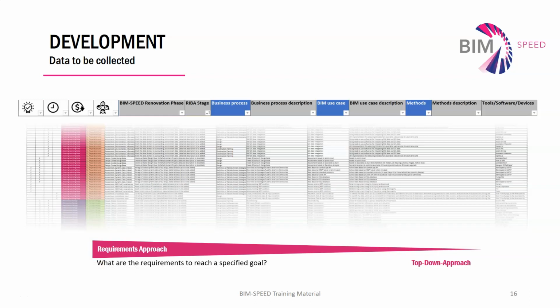Summarized, the Treeview table represents the requirements approach, or top-down approach, and answers the question, what are the requirements to reach a specified goal?